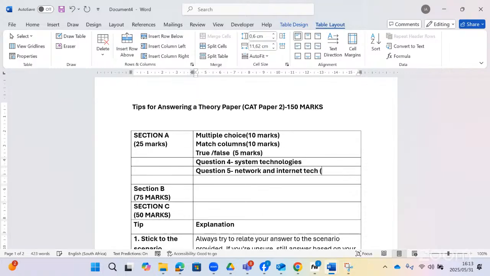So question 5 is mostly 15 marks, and then question 4 will be 25 marks. We will look at what constitutes each of these questions.